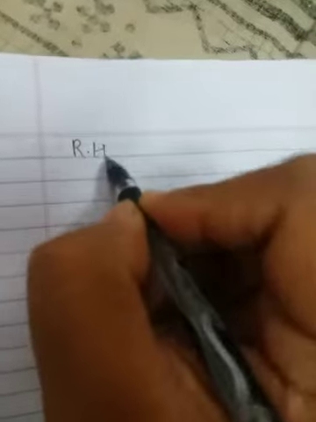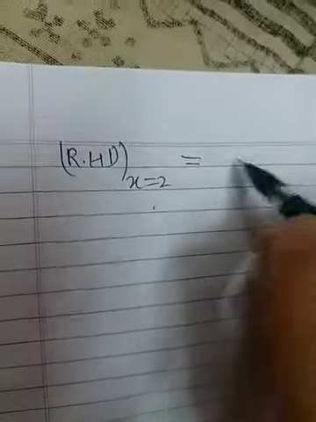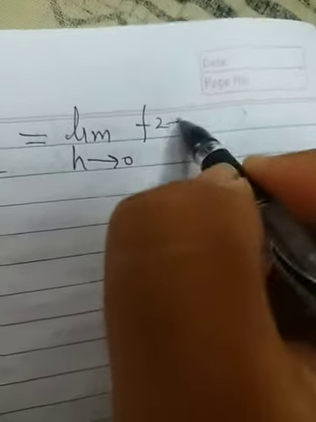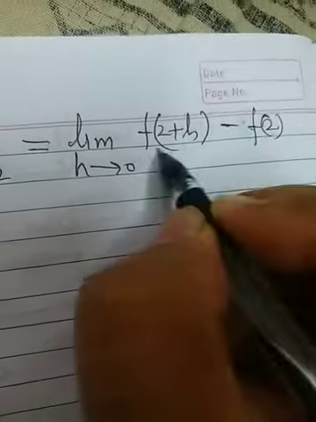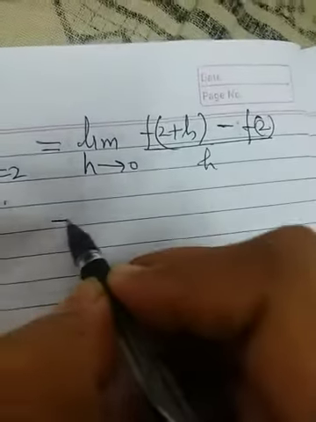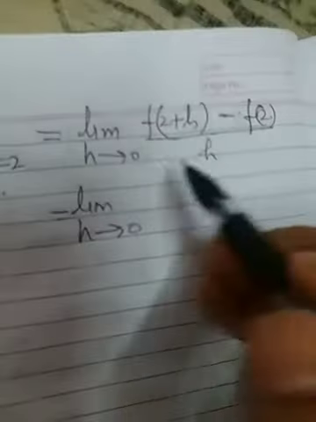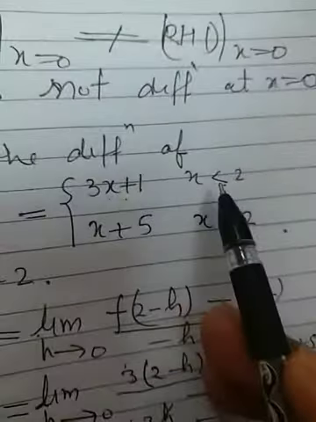Now let us try to find the right hand limit of the same function at the same point, x equal to 2. Let us write the definition first. h tends to 0, f of 2 plus h minus f of 2 upon h. Now I apply the definition of the function. This is 2 plus h, means the value is more than 2. So we have to use that part of the definition.